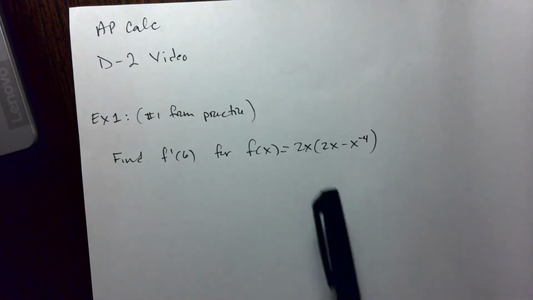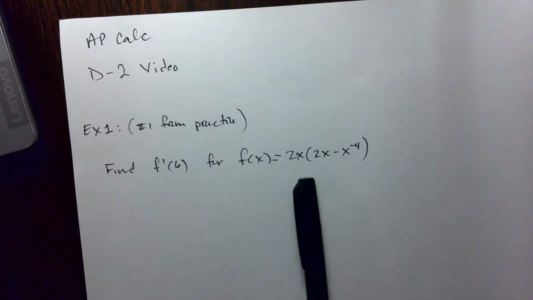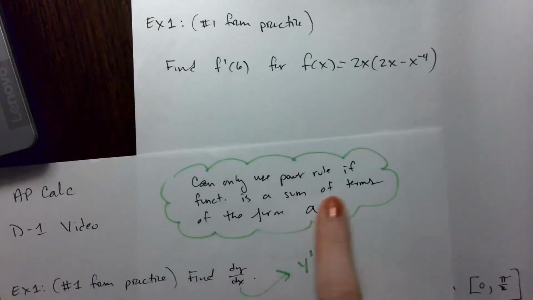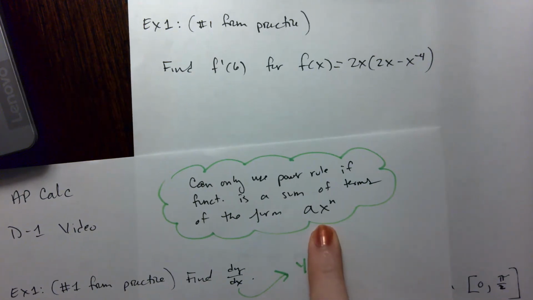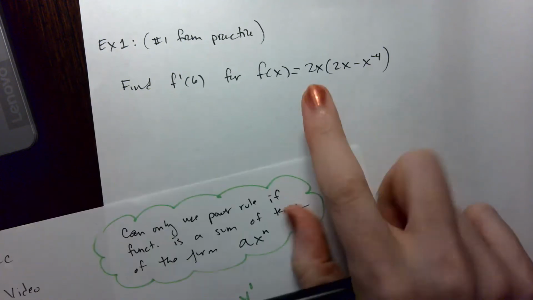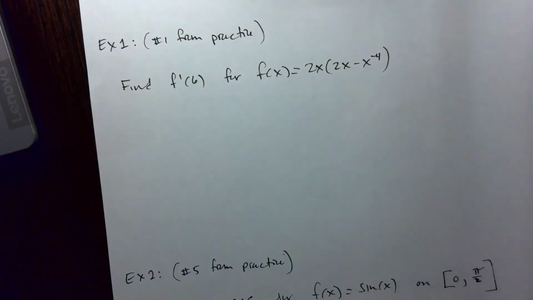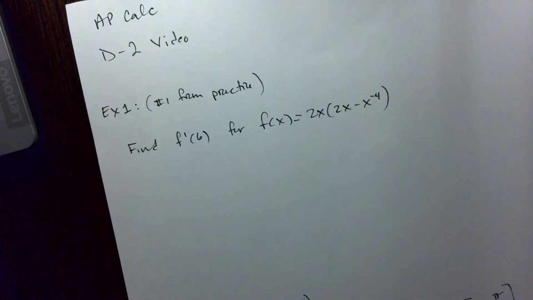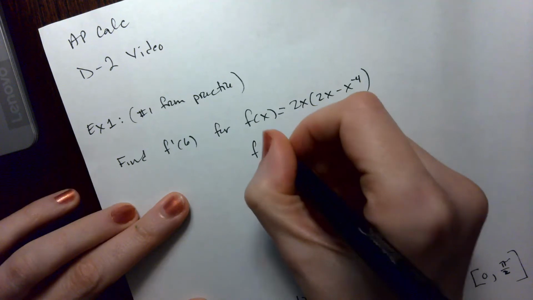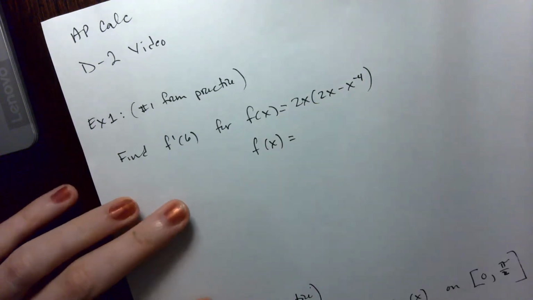And you can't use the power rule on something like this because it is not strictly a sum of terms of this form. It involves terms of this form, but you have these being multiplied. So to put it in terms of that form, you distribute. So this is still f of x. This is not f prime.